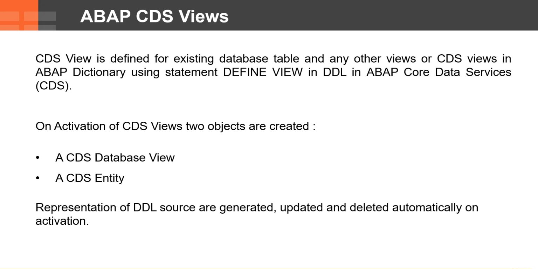Like if you create CDS view 1, in another CDS view 2 you can consume CDS view 1 data. Other views in the ABAP dictionary can also be used using the statement define view. Define view is the syntax while defining your CDS view entity, as I already showed you before, define view and the CDS view name in the DDL source in ABAP Core Data Services.